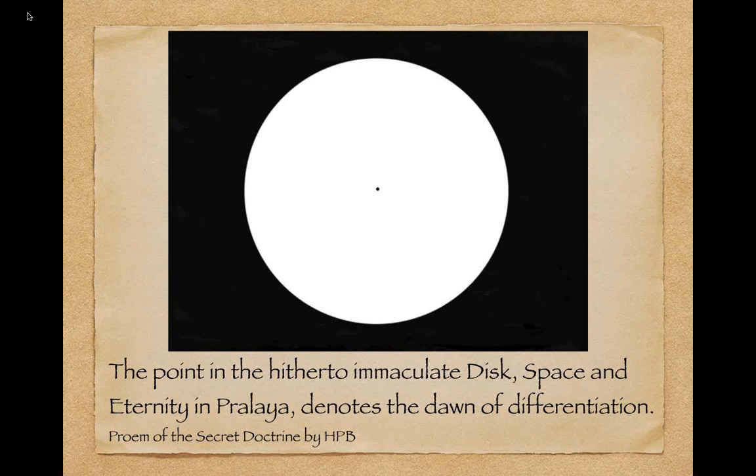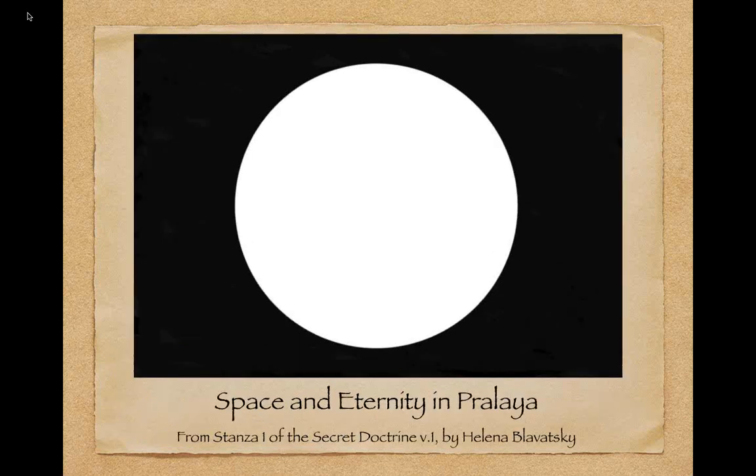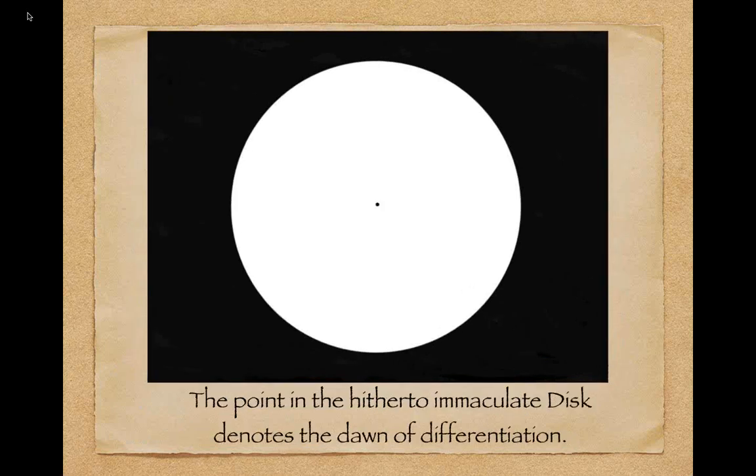This is a vast subject in itself, and unfortunately, we're going to be skirting a lot of vast subjects in order to stay on point, so to speak. Okay, so we have space and eternity in pralaya. This describes the immaculate featureless disk, right? And then the point in the hitherto immaculate disk denotes the dawn of differentiation. So we really have the source of oneness and oneness itself indicated by this circle with the point at the center.